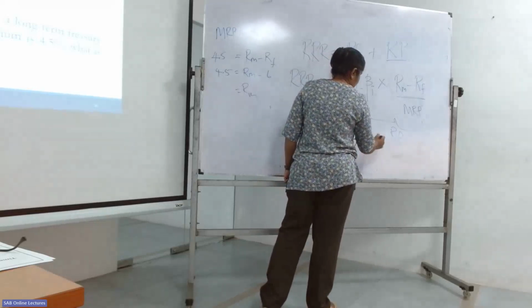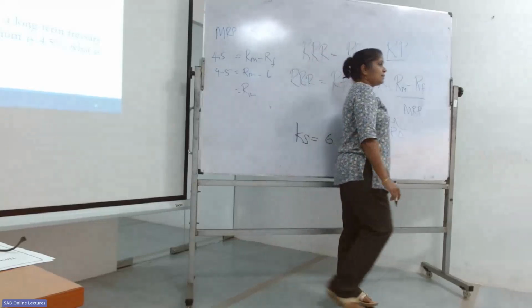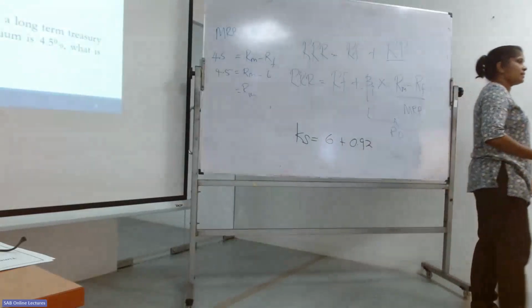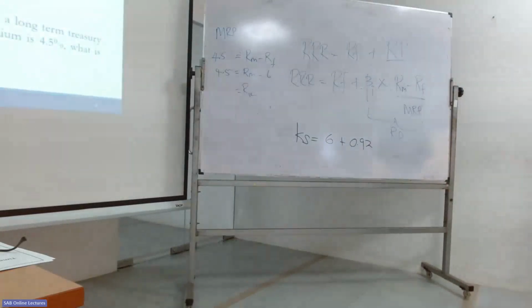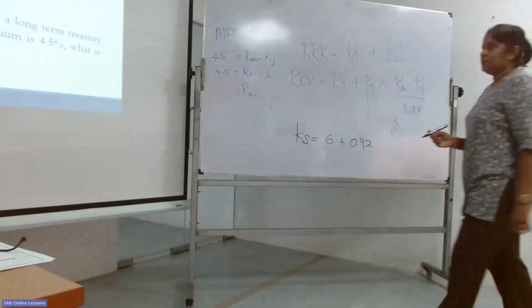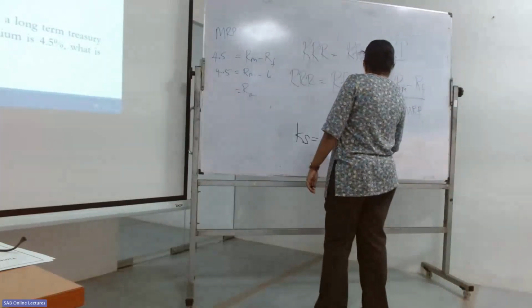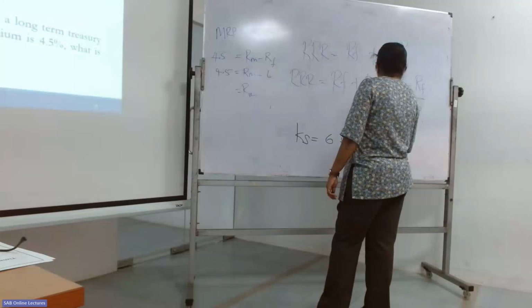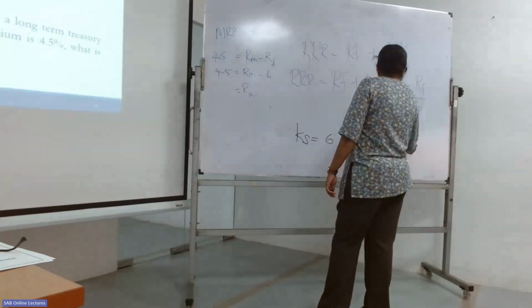So it means that compared to the market, the systematic risk of this John Keells PLC is low because it is less than 1, into the market risk premium 4.5. This is the answer.